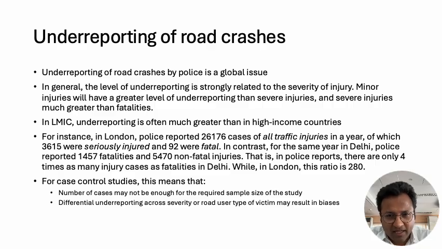What this means is that the underreporting is much higher for minor injuries, slightly lower in severe injuries, and maybe the lowest level of underreporting happens in fatalities. So when somebody dies in a road death, it is much more likely that that crash is going to get reported by police. So let me give you an example.